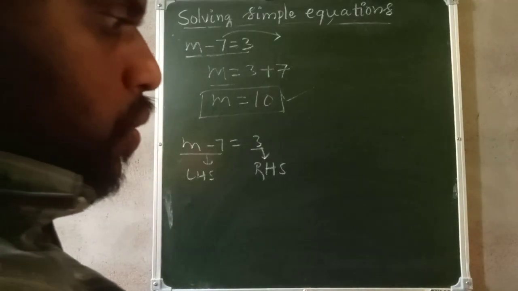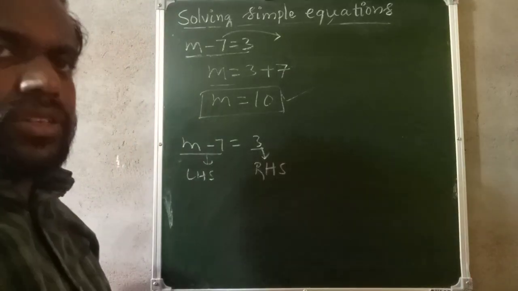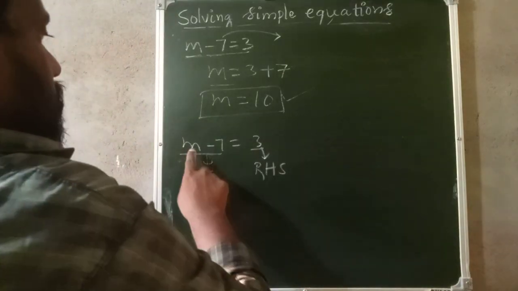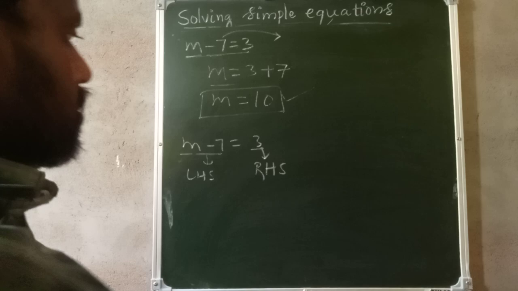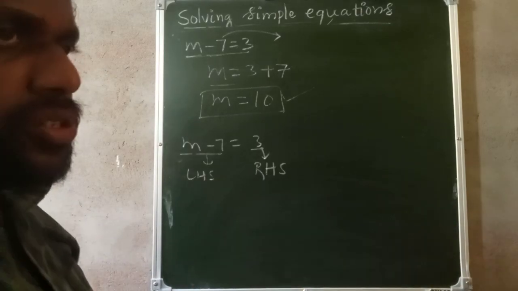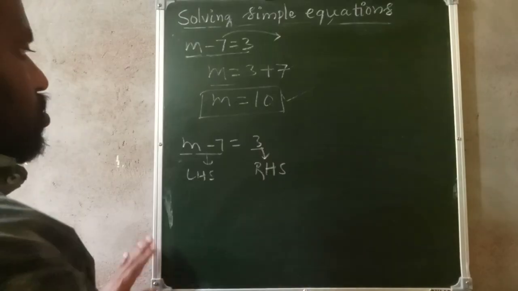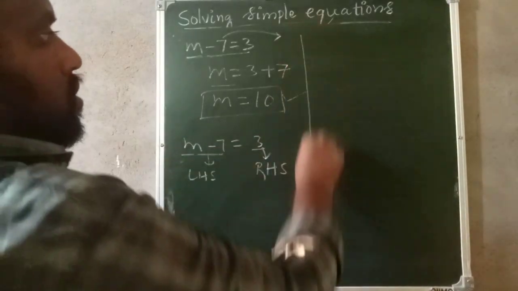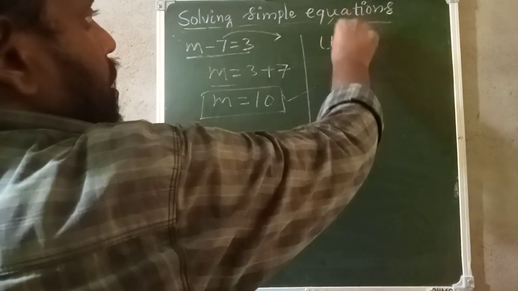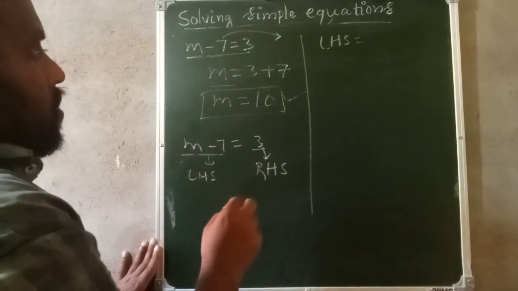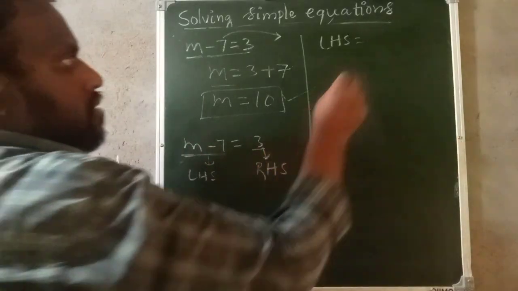See where the variable is present. The variable is m, so m is present on the LHS. Correct? So take the LHS. LHS is equal to this complete m minus 7.